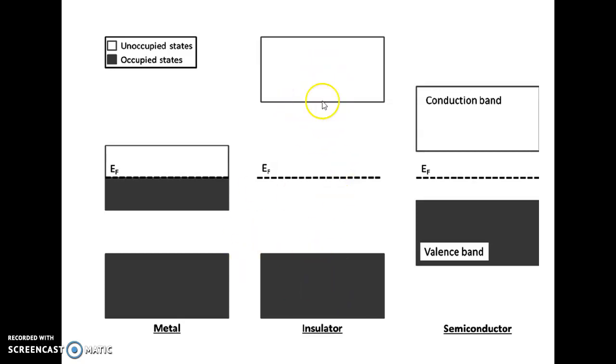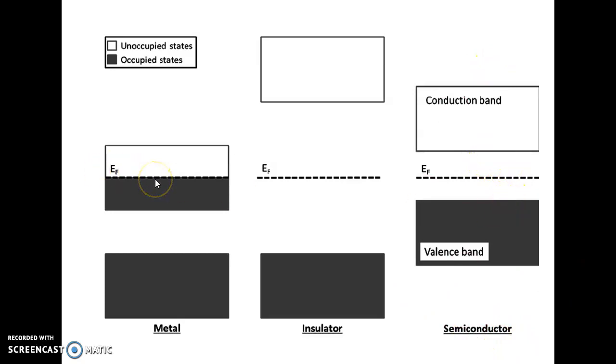This is the flat band structure of an insulator. And you can see the semiconductor has a fully filled valence band and an empty conduction band, and the Fermi energy level is between them. The band gap is less than 2 electron volt, so we can say that it is a semiconductor.